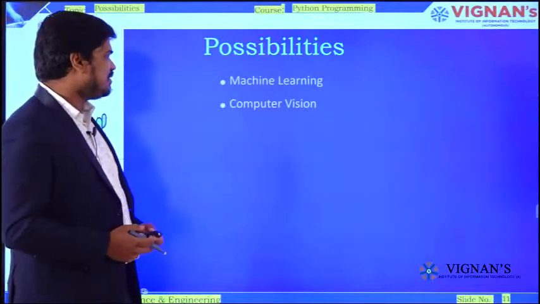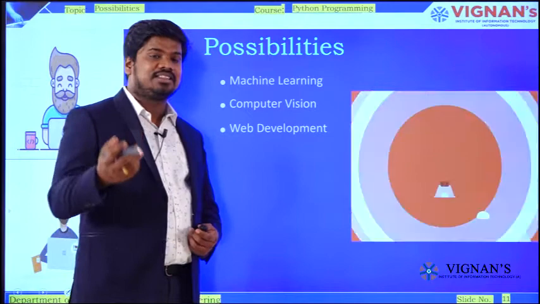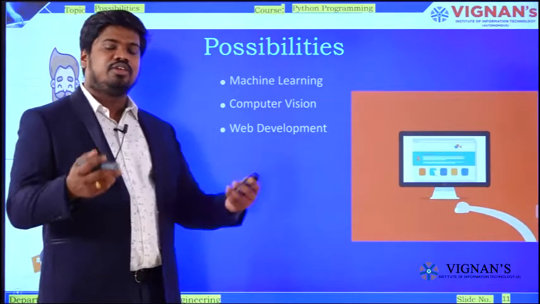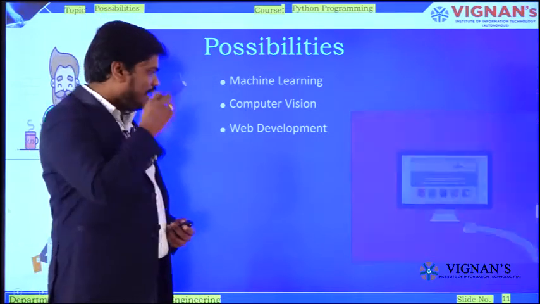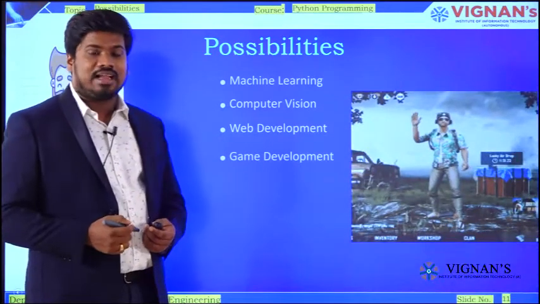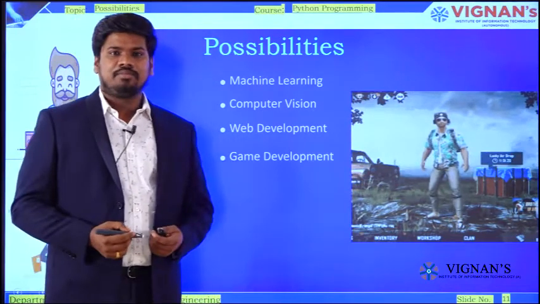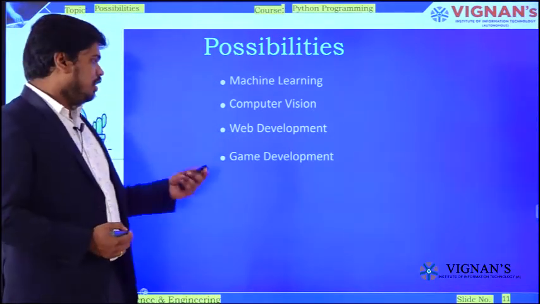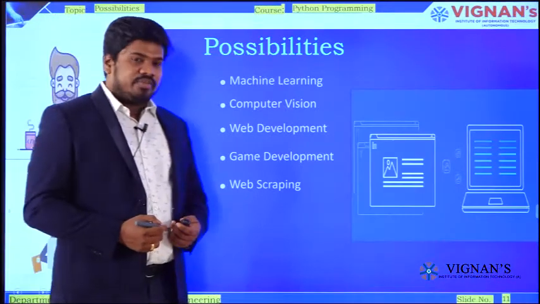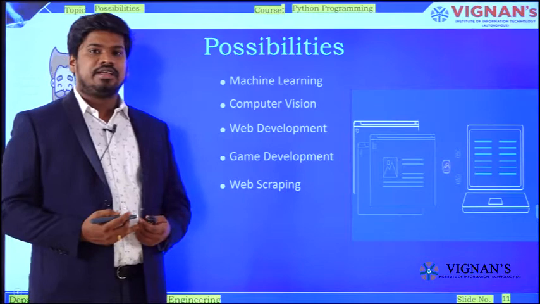And coming to the next one, that is web development. For example, Python supports web development, so there you can make your career. And next one, in game development, by using Python libraries, I can happily develop a game. And next one is web scraping, another field where you can make your career.